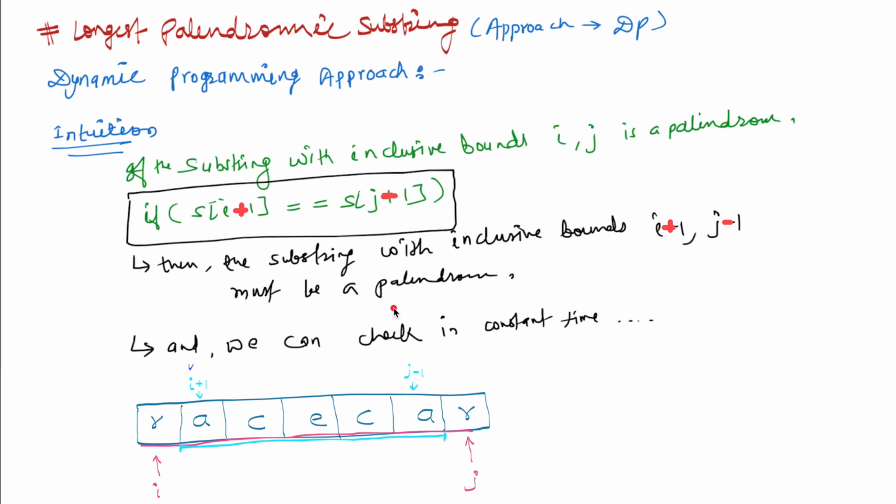As we know, we have the longest palindromic substring and we are going to use dynamic programming. The intuition is this: suppose we have a substring that contains two indexes, i and j. We consider the substring with inclusive bounds i and j.